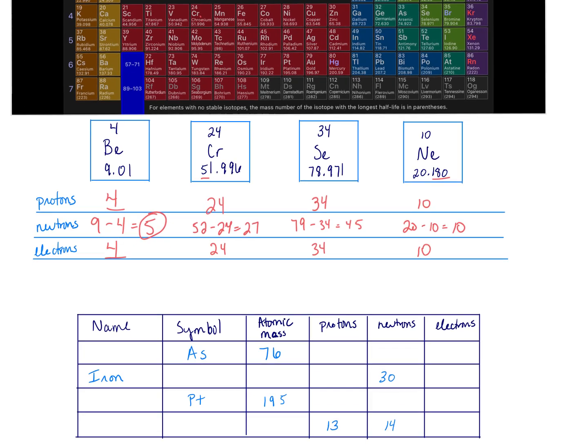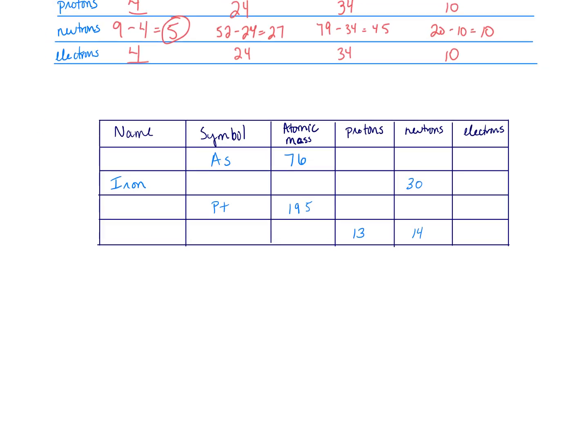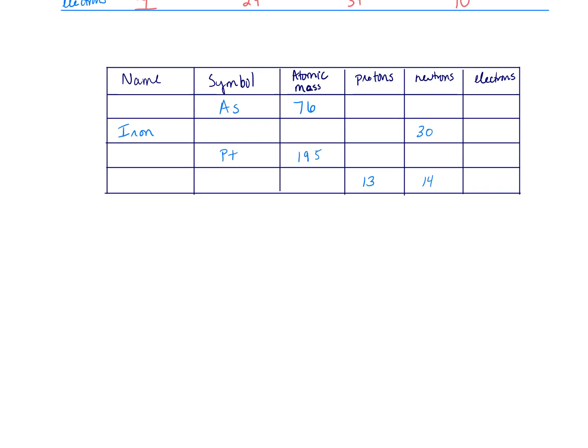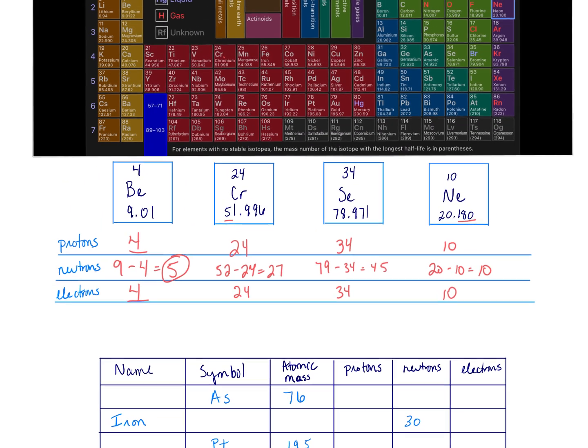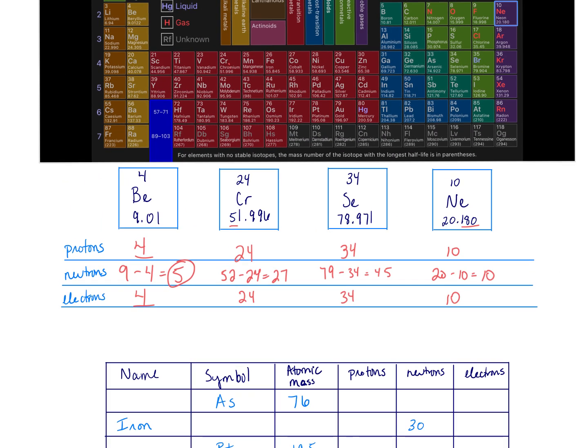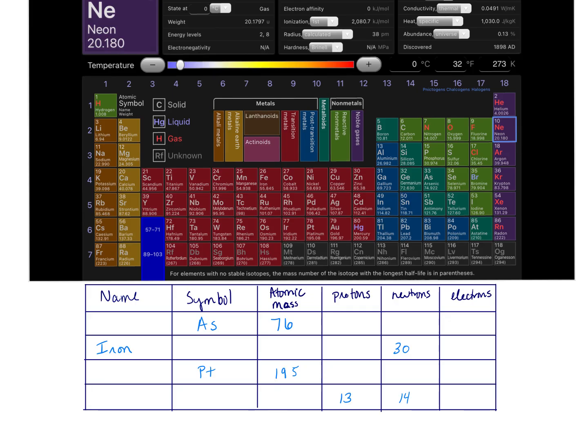Okay, so next, I've got another example here. Let me see if I can drag this guy down for me. Okay, I got it into position here. So now we need to start looking at the periodic table instead and comparing that to what we have.